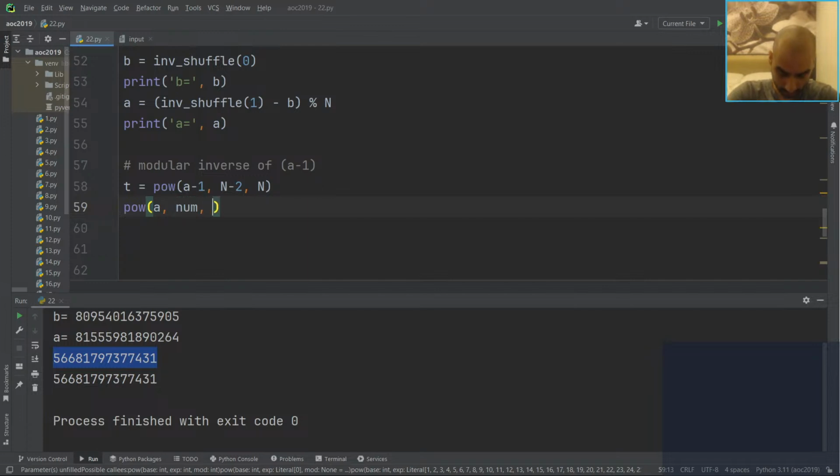Num, N, minus 1. But it could become negative, so we've got to do this. And then times the inverse of A minus 1, so that's going to be T.